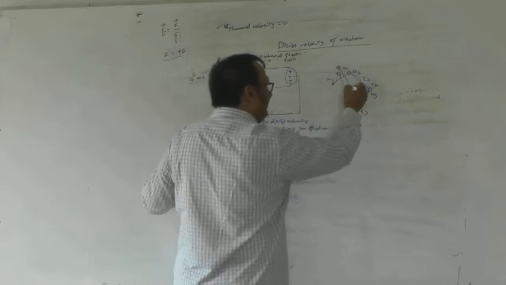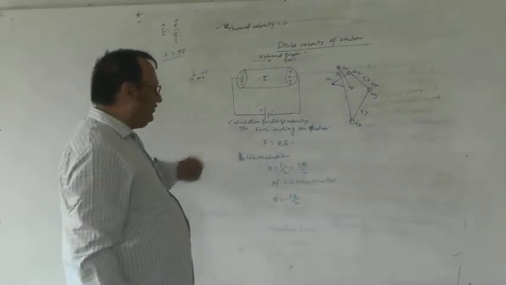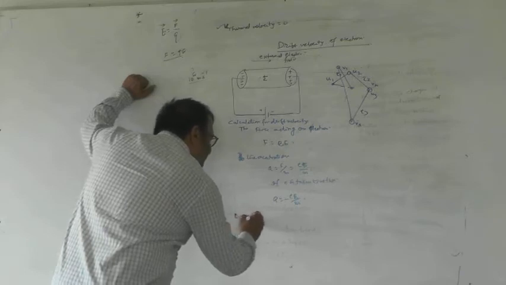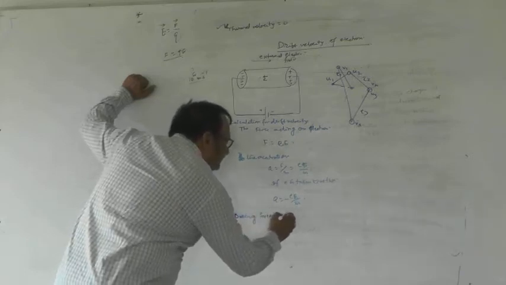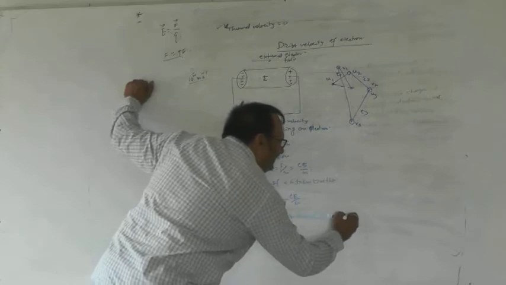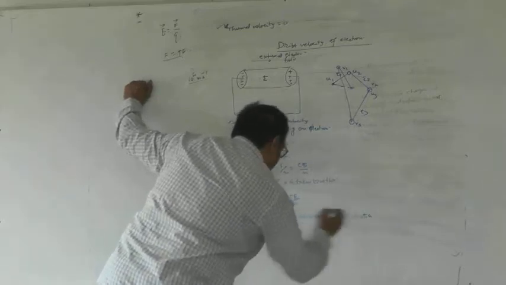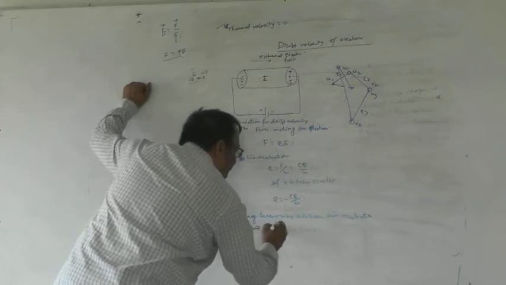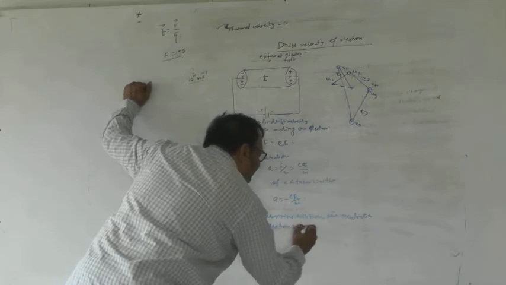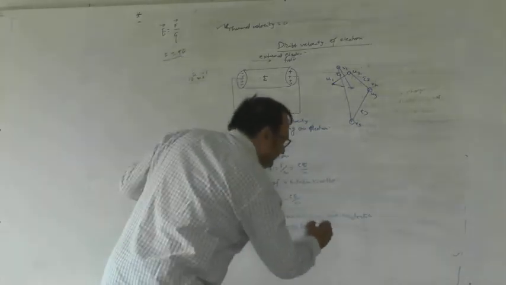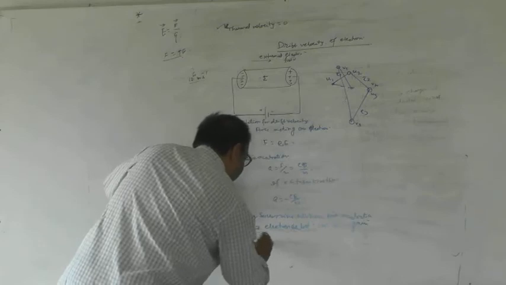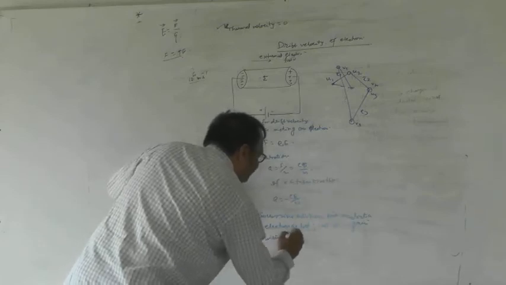So the average velocity we find during successive collisions: the acceleration of the electron is lost, and hence it again moves with a thermal speed.